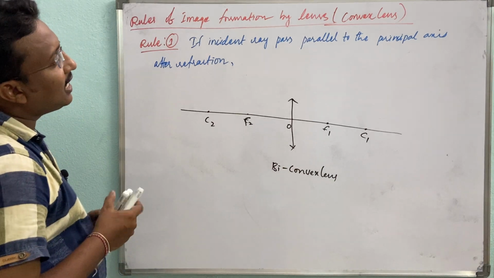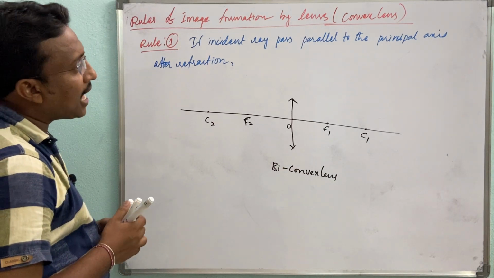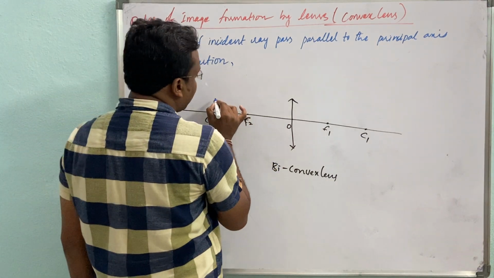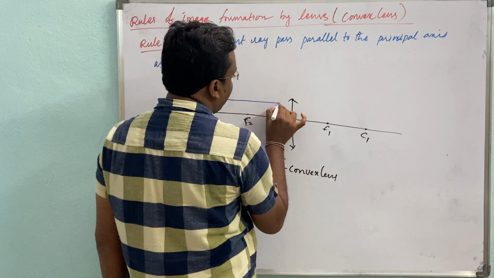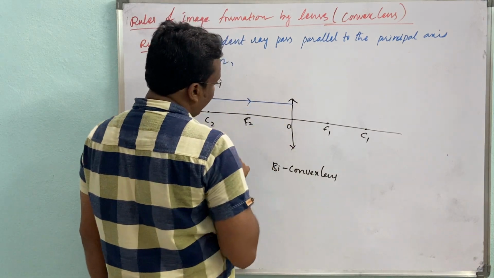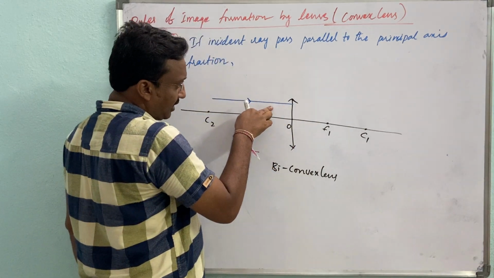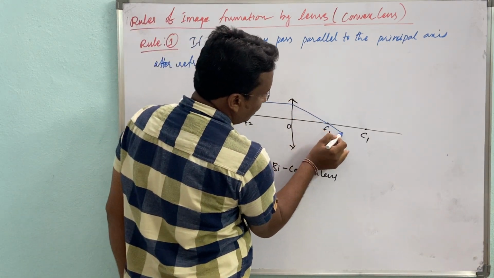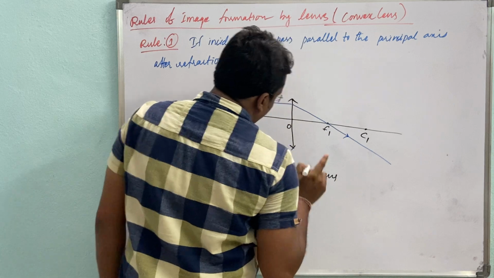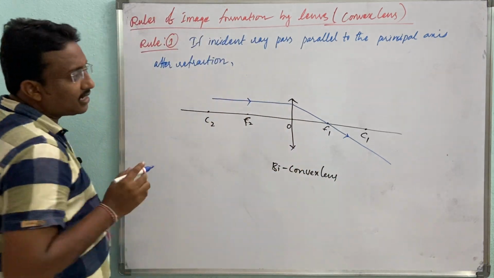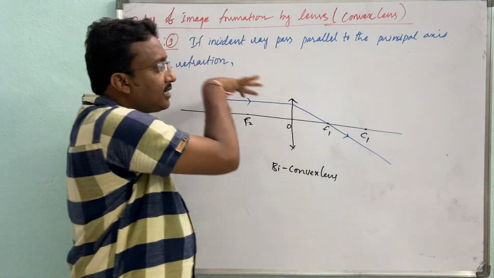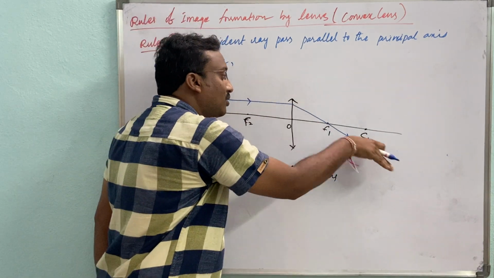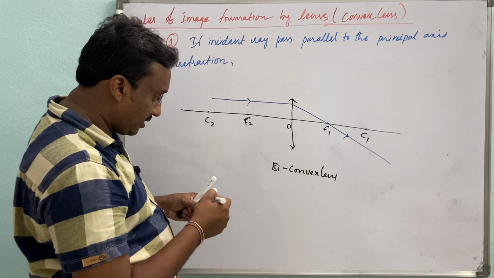What is the rule? If incident ray passes parallel to the principal axis, after refraction it passes through the focus. We discussed in convergent action of convex lens. When parallel beam falls, it refracts towards the focus, it passes through the focus, right? Got it?